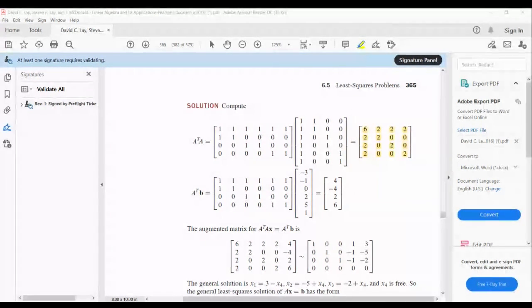How do we know that A transpose A is not invertible? The first column is 6, 2, 2, 2, and then you have the other three columns.